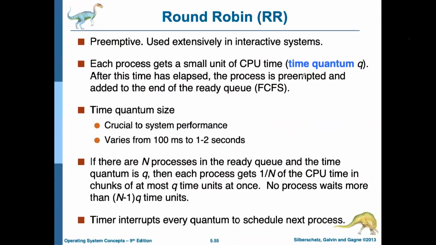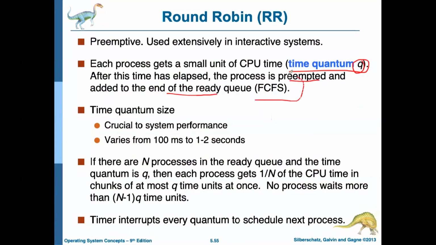Next, round robin, RR. It is preemptive and used extensively in interactive systems. Each process gets a small unit of CPU, which they call the time quantum, or Q. After this time has elapsed, the process is preempted and added to the end of the ready queue.